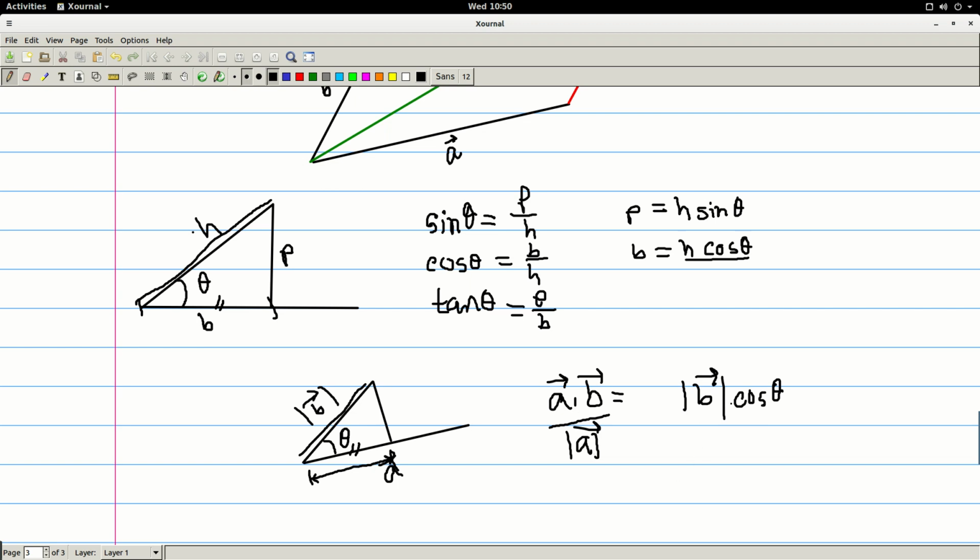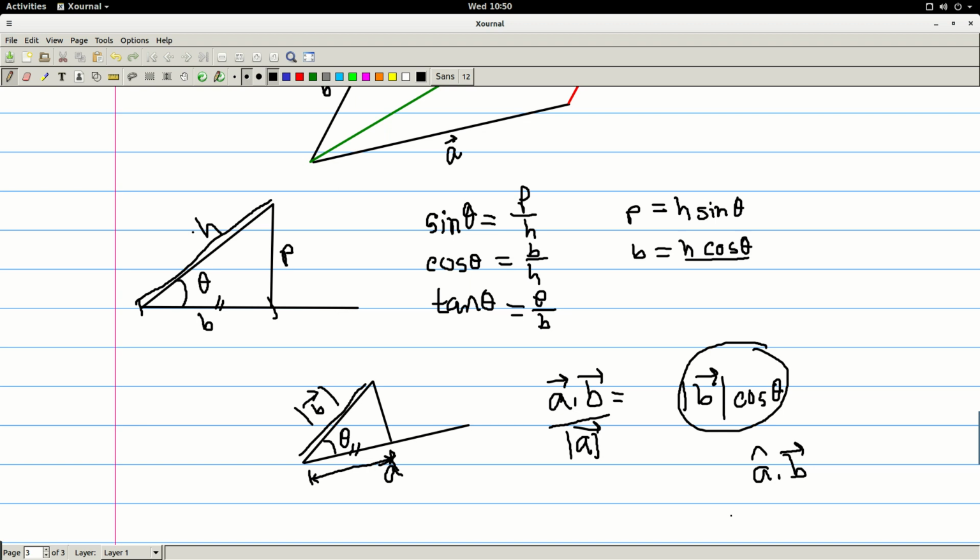So in other words, the vector projection, this thing, can be written as A hat dot B vector. Why A hat? Because we are dividing vector A by its magnitude, that's why this is A hat, dot product with B. So simply put, how do I project vector B on vector A?